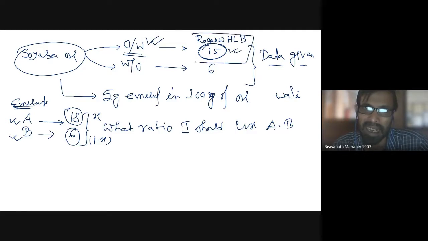This is our target because I want to prepare a soybean oil in water emulsion. The required target is 15. I am giving you two emulsifiers, A and B, with their corresponding HLB values: A is 18, B is 6. You understand? 18 means it likes more water. B is oil loving.